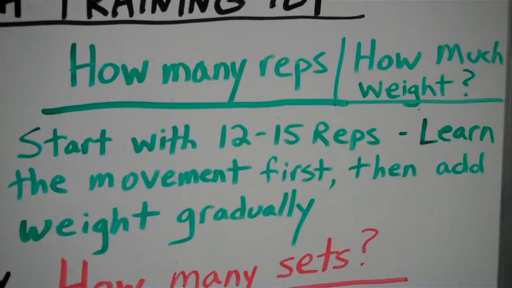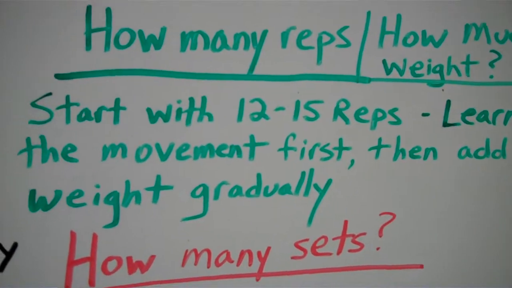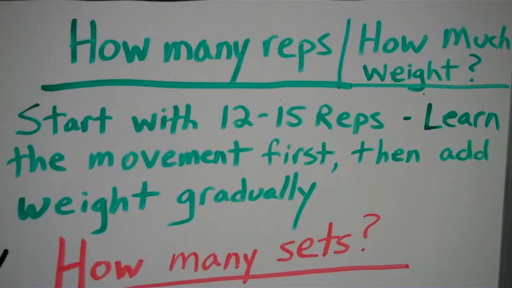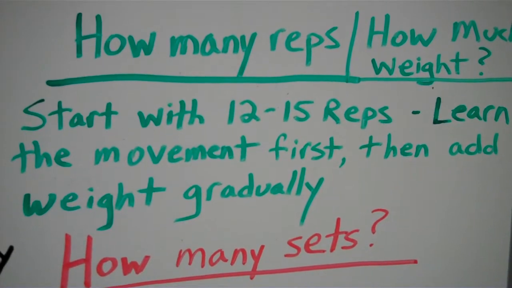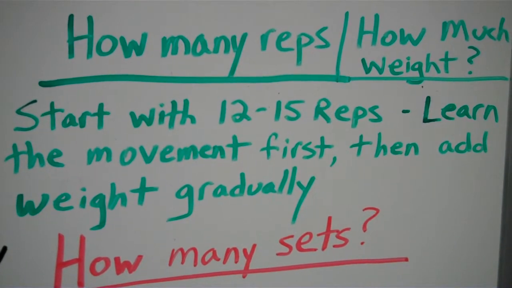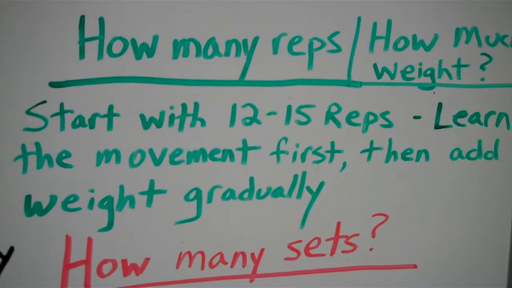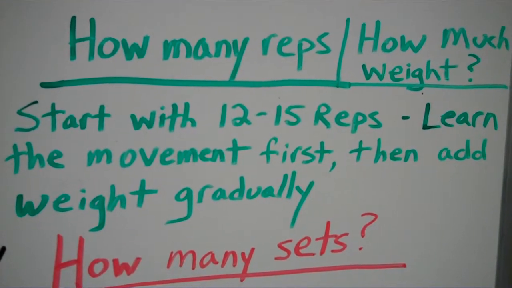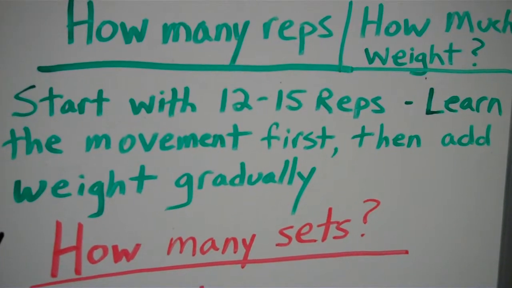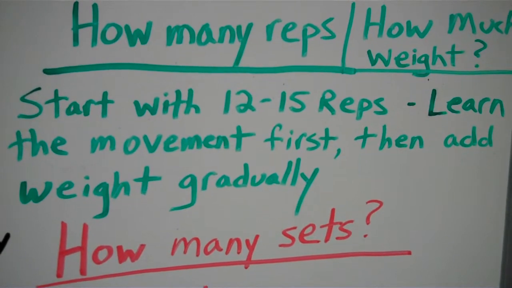When you're starting off, I definitely would encourage that, just because your muscles are not used to handling heavier weights, and also, like I said, we're trying to learn the movement. But as you progress, you may find that you want to use heavier weights and lower repetitions, which will promote greater strength gain. But definitely, if you're just starting off, start with light weights, and then you can gradually move into heavier weights.